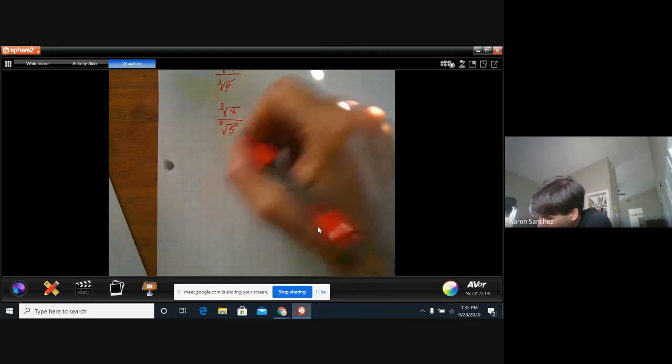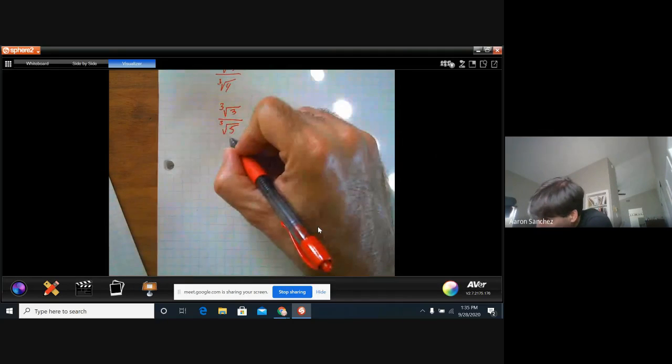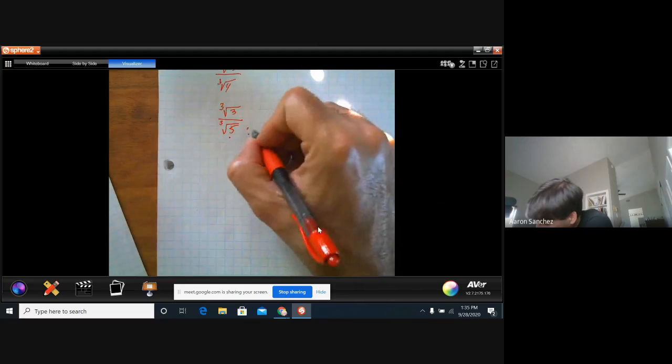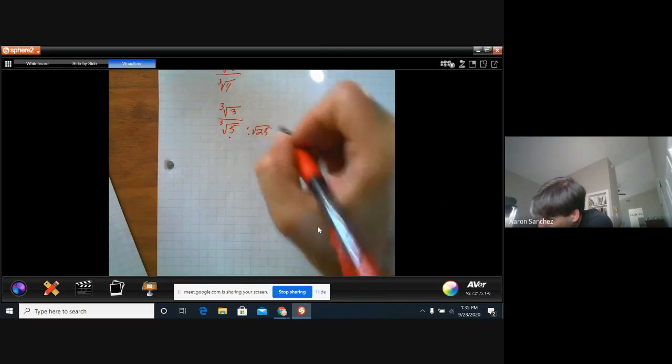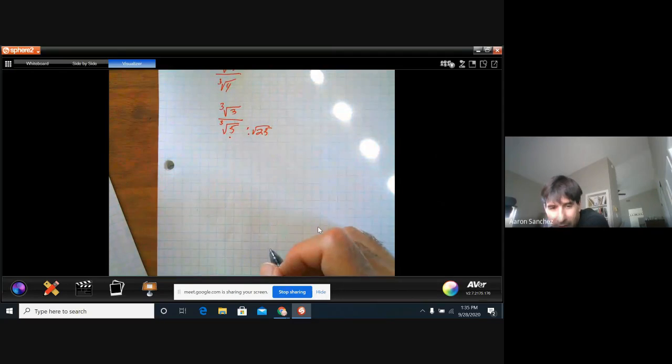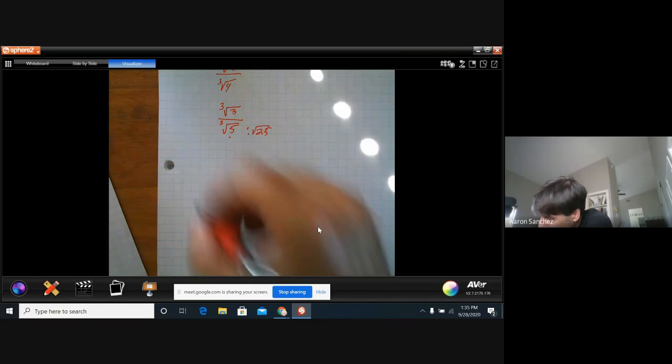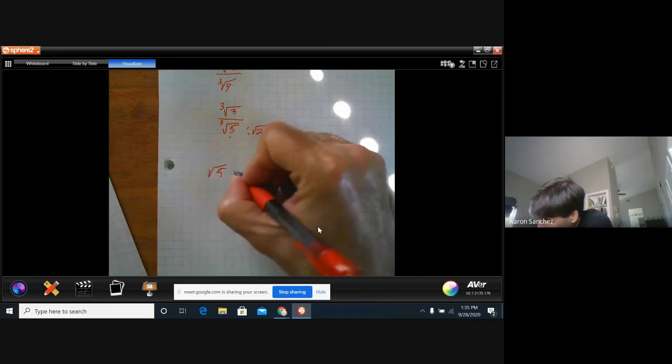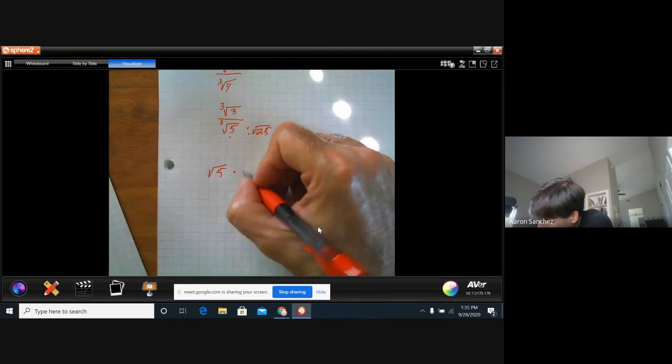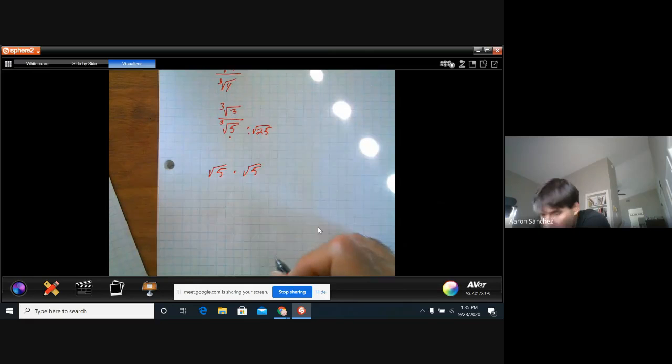This is 5. 5 times 5 times 5. 5 times 5 is 25. Why did I do that? Because I have 5 here and I want a perfect cube. Well, there's 1 five. Is that a perfect cube? 5 times 5?